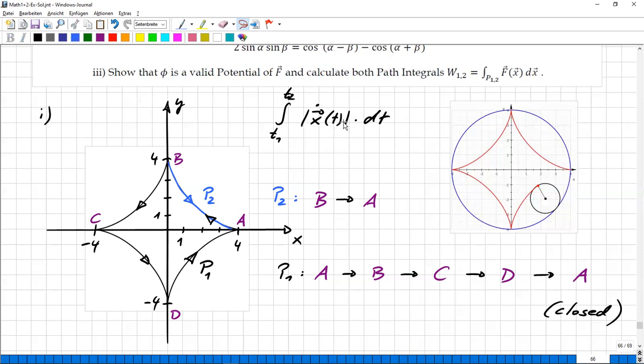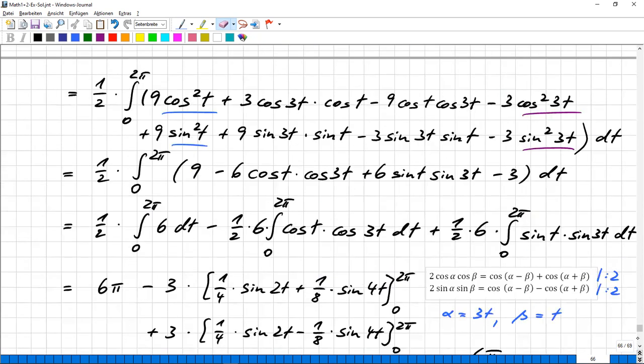This is sort of the length of the tangent vector summed up along the curve. Infinitesimally, we get little tiny pieces of this curve, including their length, summed up along the curve, which results in the total length of this curve. That's quite an interesting concept behind it, and that's what we'll do right now.